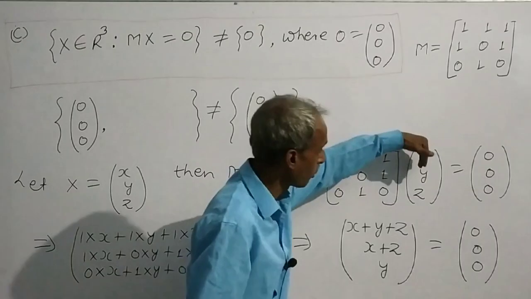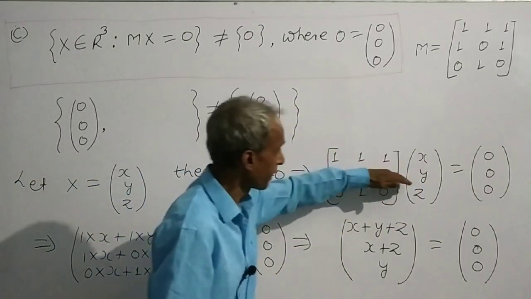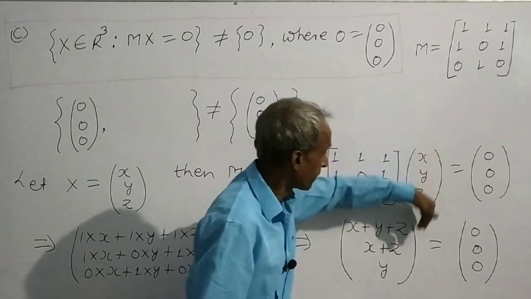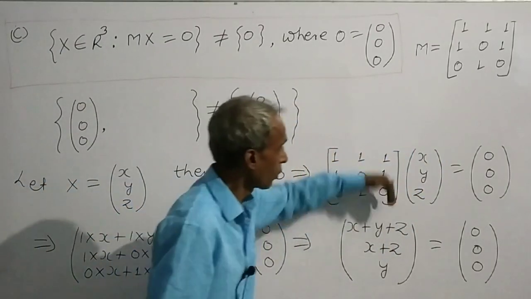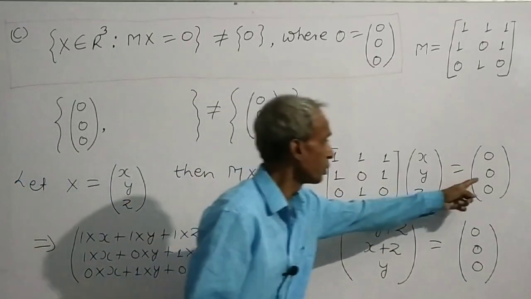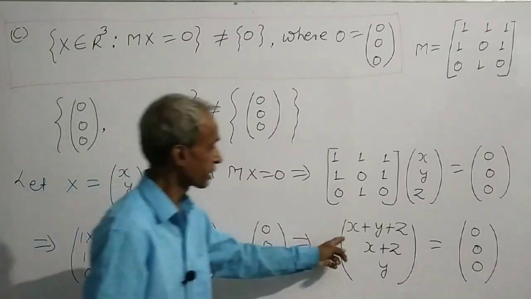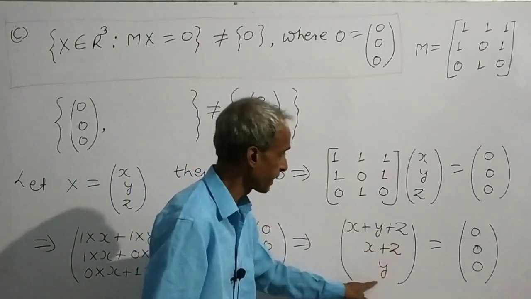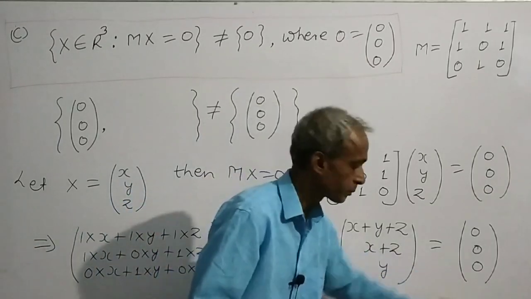Multiply first row by this first column here, second row with this column here, third row with this column here is equal to 0 matrix. This becomes X plus Y plus Z, X plus Z, Y is equal to this 0 matrix.